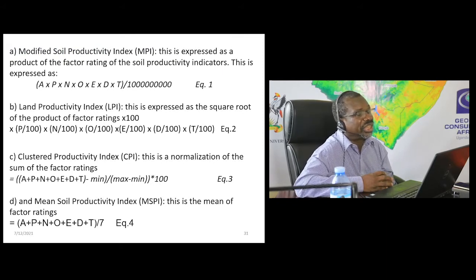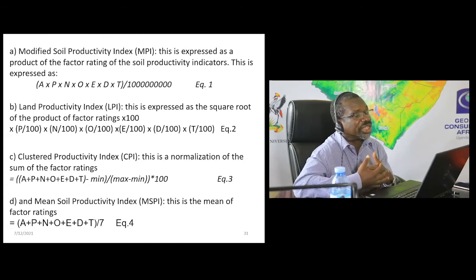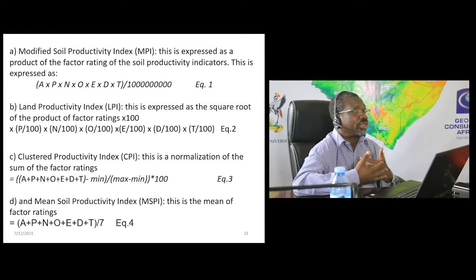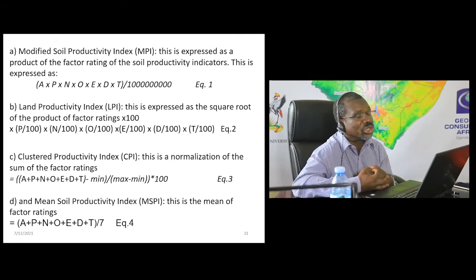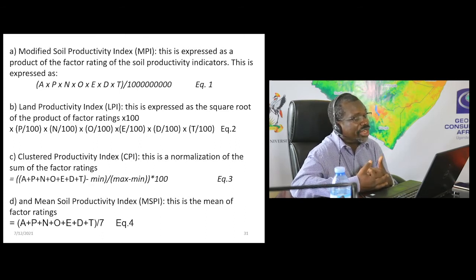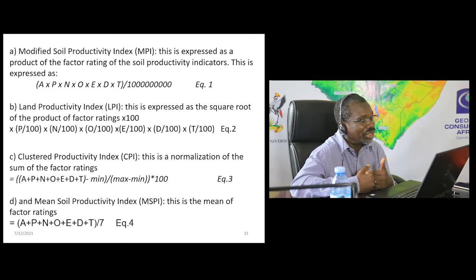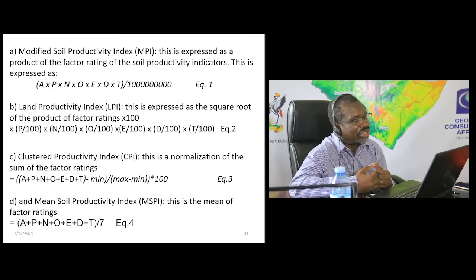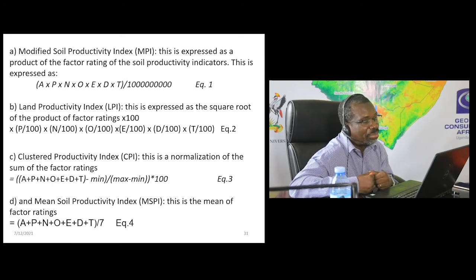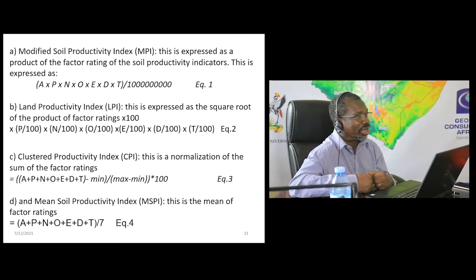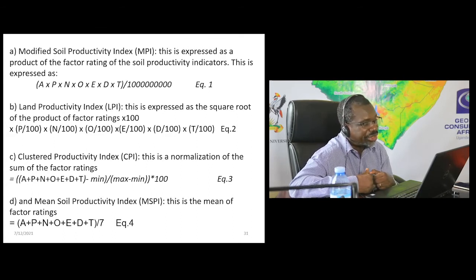So this is an example of the modified soil productivity index, where we have the product of the factor rating, then the land productivity index, which was the square root of the product of the factor rating, and the way we define a cluster productivity, being a sum of the different factor ratings normalized based on the minimum and maximum values of factors we had obtained.